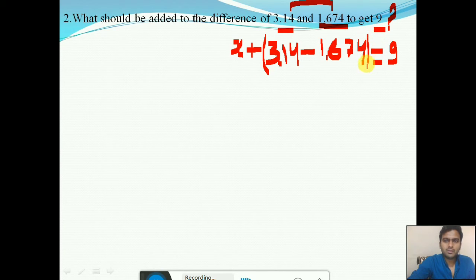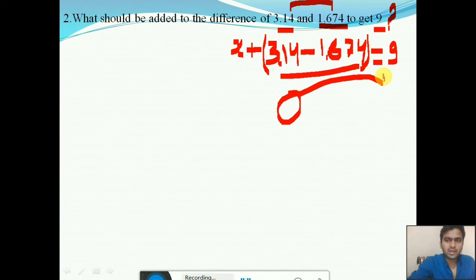Now what we will do, first we will subtract these two numbers because there is a minus sign and we have to solve the bracket first. Whatever answer comes from here, we will transfer to the right hand side of equal to, and then it will be subtracted from 9.